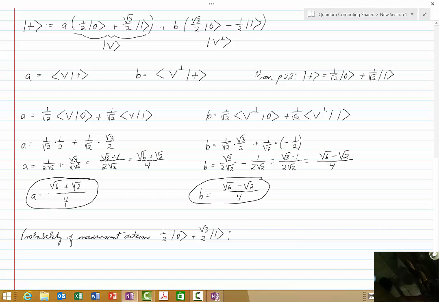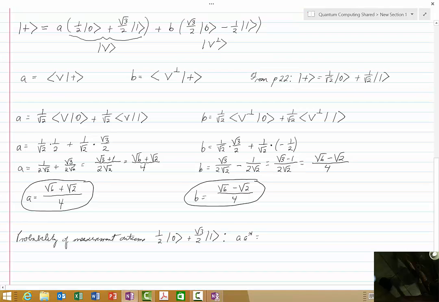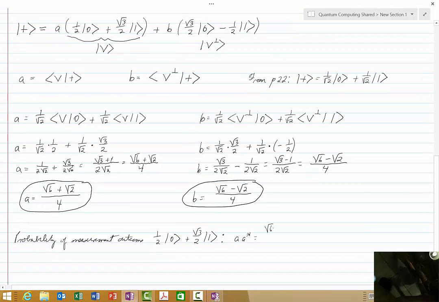Well, that will be A times A conjugate, which is square root of 6 plus square root of 2 over 4 times square root of 6 plus square root of 2 over 4.